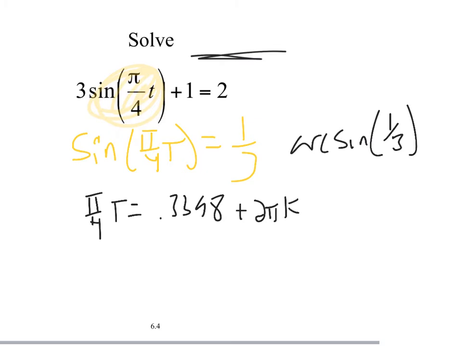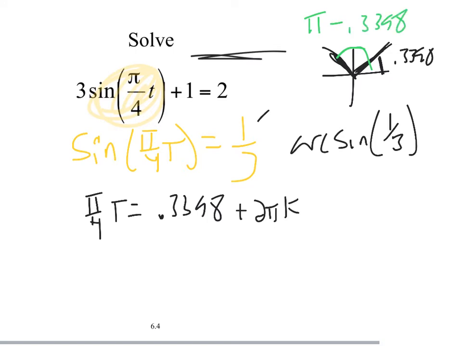Now, ask myself, where is sine equal to positive 1/3? Well, I know it's here in quadrant 1, and I know it's here in quadrant 2. So remember, this is the reference angle I just found, right? That's the 0.3398. To get this angle here, I've got to do pi minus 0.3398-ish.